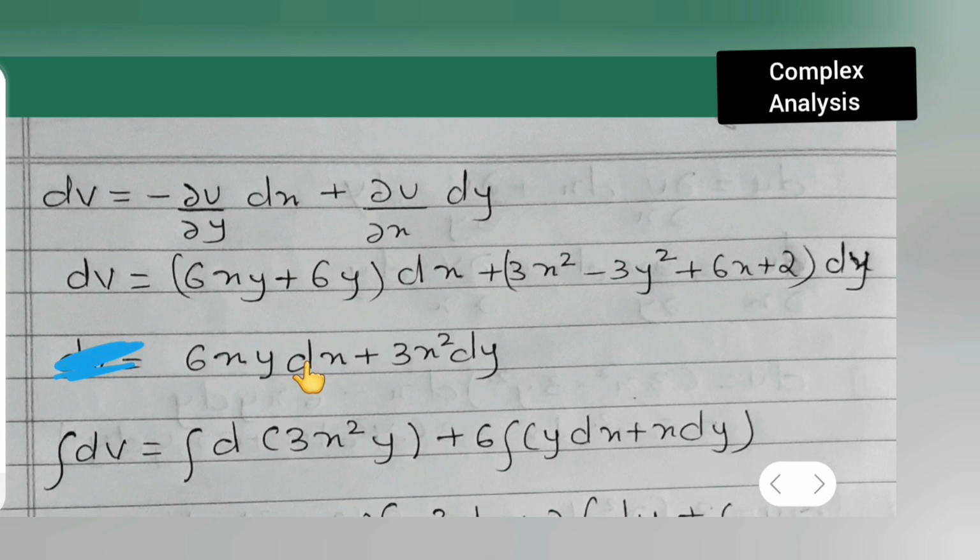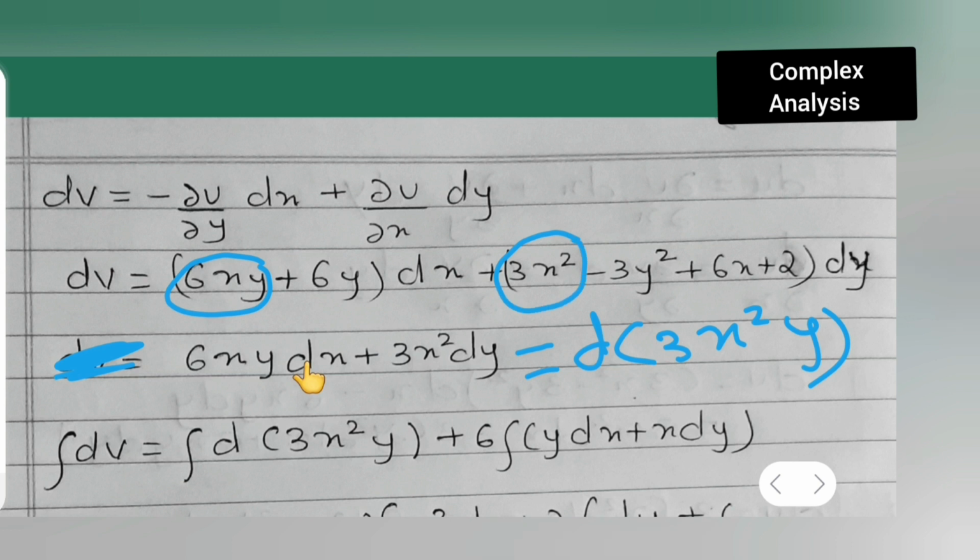What is this basically? We need to find the derivative of this. So 3x squared y, and that we have got from here, and 3x squared from here.